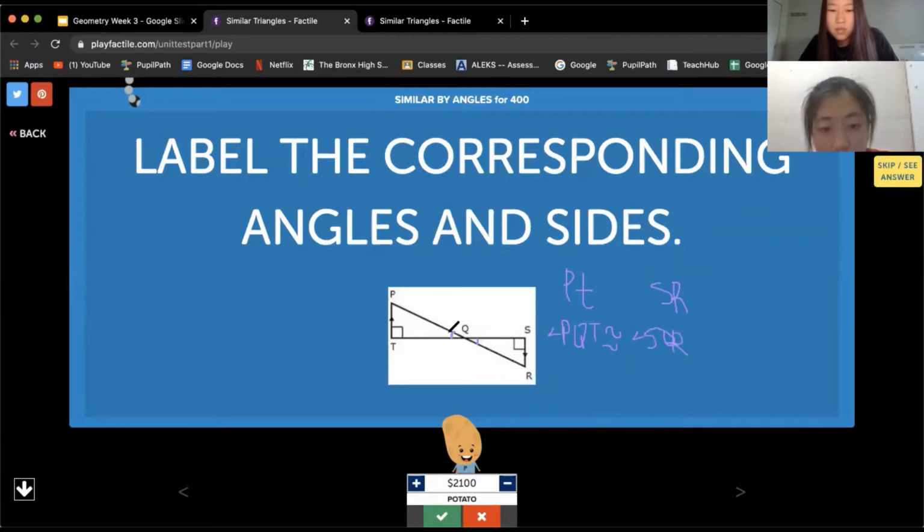And then the line TQ is corresponding to line QS.